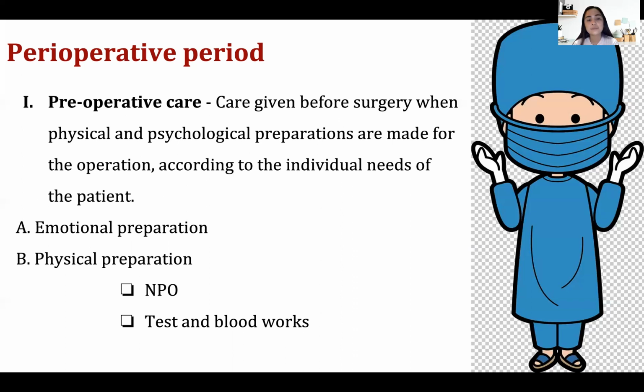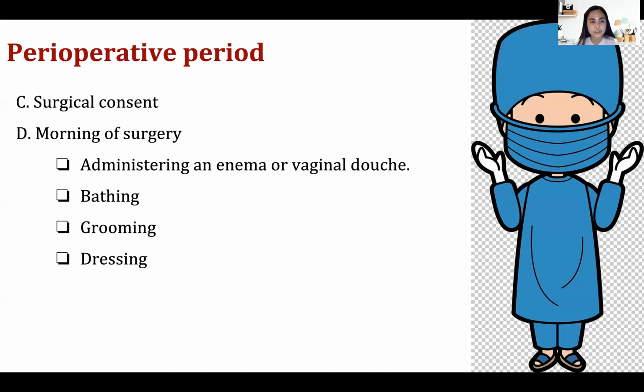So we can help the nurses tell the patient that they are fasting today because we need to check their blood test, which is a very important basis for us to do the surgery. So this is the importance of tests and blood works.